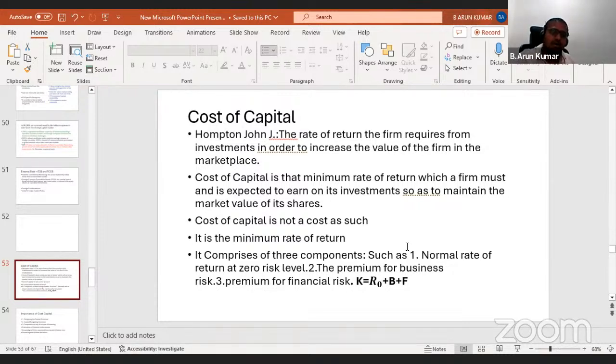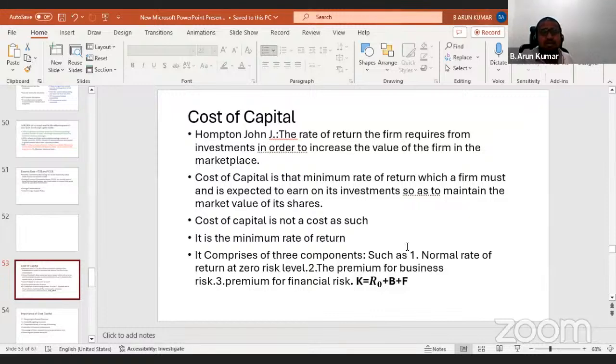So according to Hampton John's definition, the cost of capital is the rate of return the firm requires from investments in order to increase the value of the firm in the marketplace. This is the basic definition of the cost of capital.